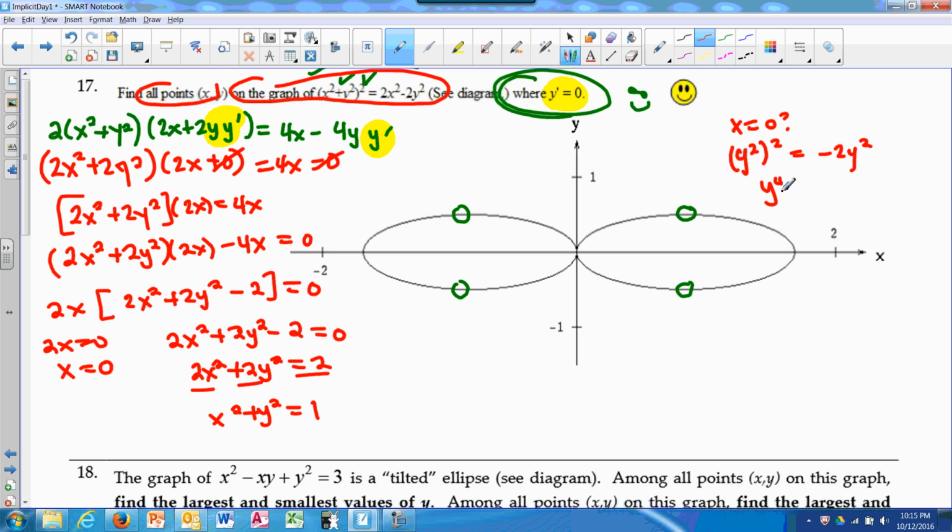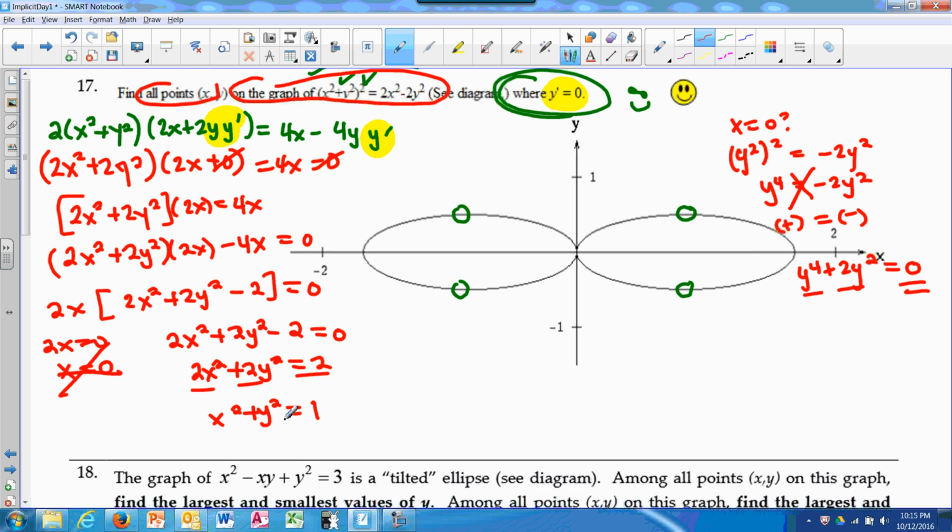So y to the 4th equals negative 2y squared. That's not possible, because y to the 4th is always positive, and negative 2y squared is always negative, but you can't have an always positive equal to an always negative. You could also see that y to the 4th plus 2y squared would have to equal 0, and a positive plus a positive just can't equal 0. So x equal to 0 is not an option.